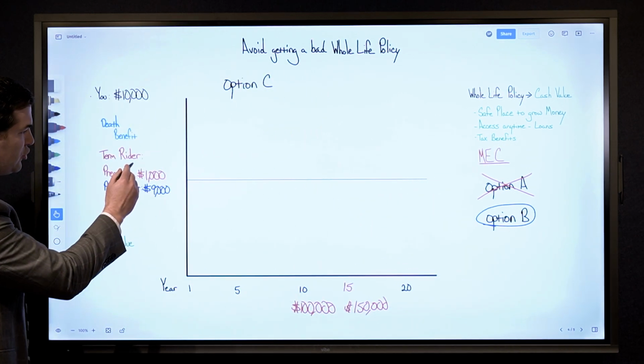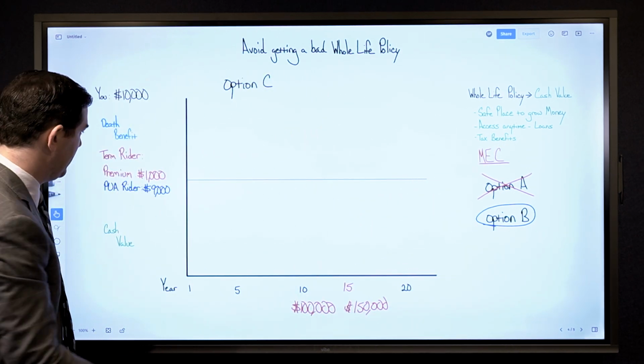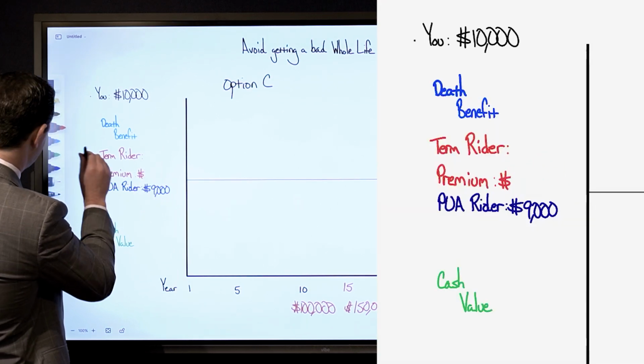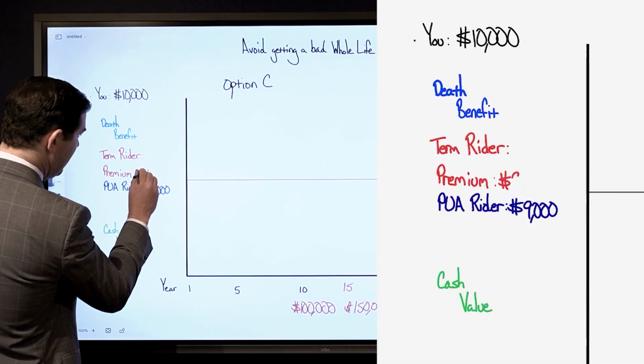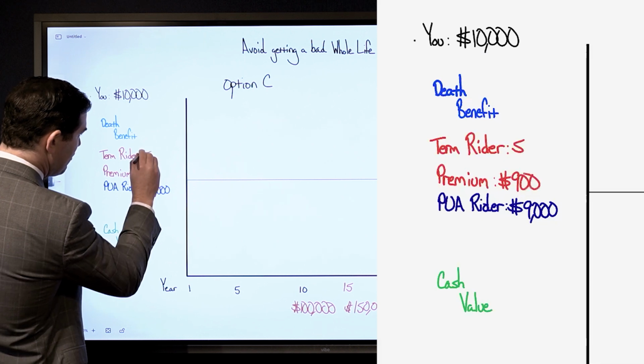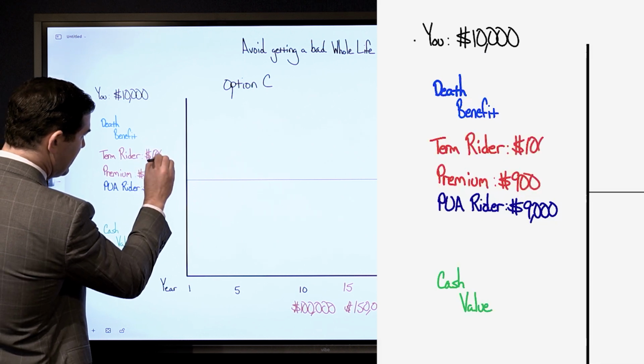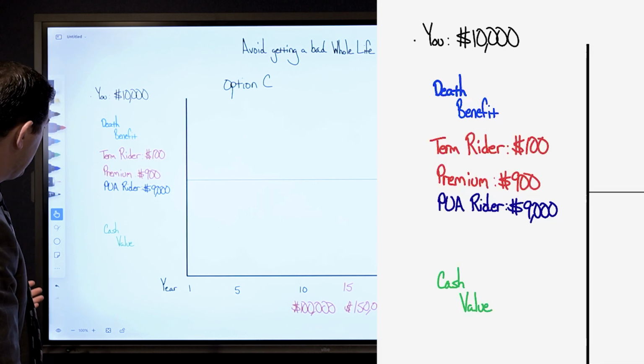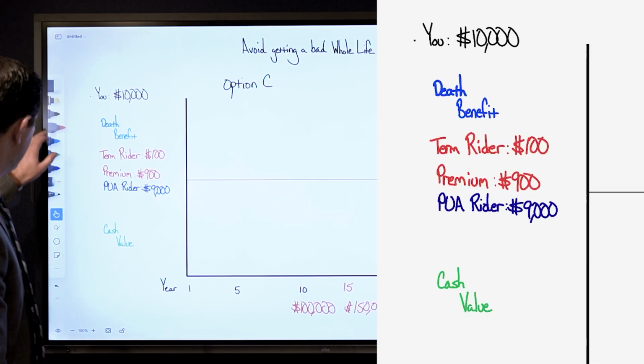So adding that term insurance rider prevents a MEC from occurring. What the policy would actually look like here is the minimum premium would be about $900 and the term rider would be $100. And I'll pull up the illustration in a moment. But our out-of-pocket is the same $10,000.